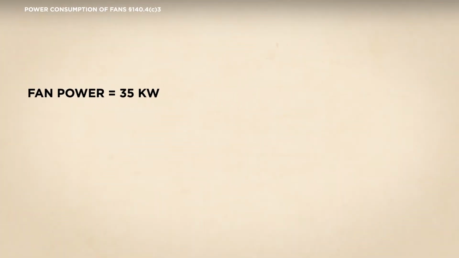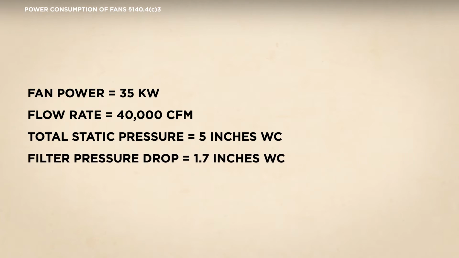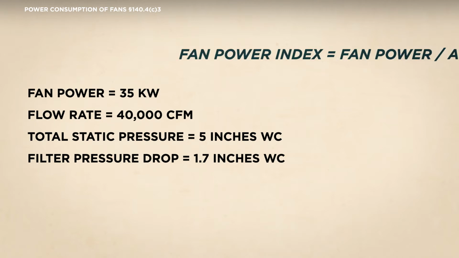Let's look at this equation and see how to calculate an adjusted total fan power index for a laboratory filtering system. In this example, a 35 kilowatt fan is designed to have a flow rate of 40,000 CFM, a total static pressure of 5 inches of water column, and a filter pressure drop of 1.7 inches of water column.